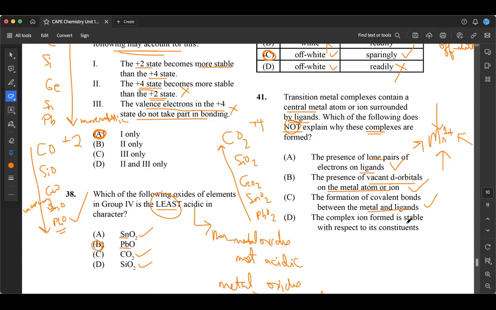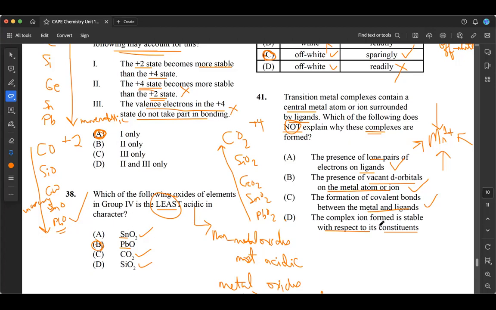The complex ion formed is stable with respect to its constituents. That's not necessarily true. That's not why complex ions are formed. It's not really a stability argument per se, right? Stability arguments really only come into play when you're doing ligand exchange, not for complexation in the first place. Complexation is because you have lone pairs on the ligands, you have a vacant d orbital that you can push those lone pairs into, and you have covalent bonds that form, and that's how we get complexes, right?